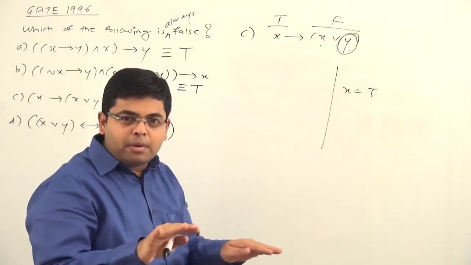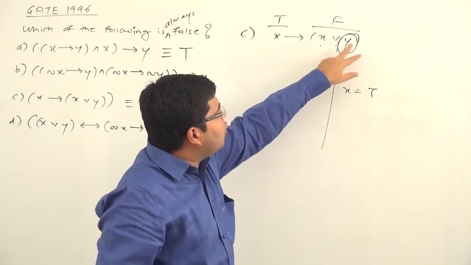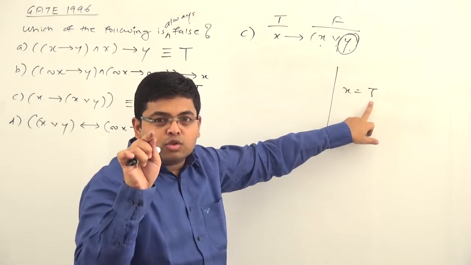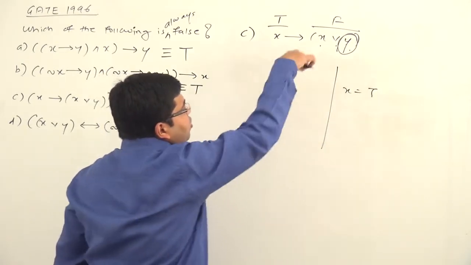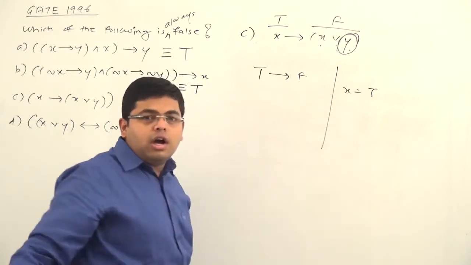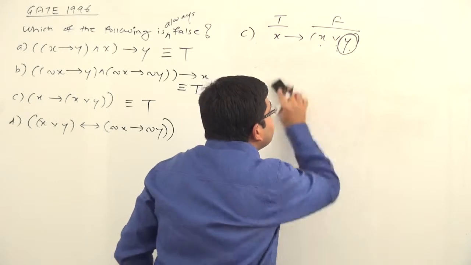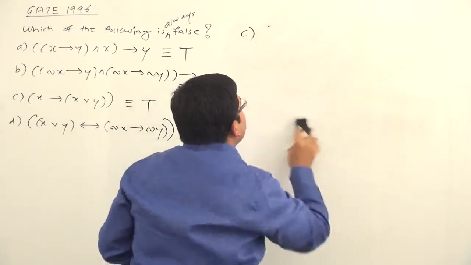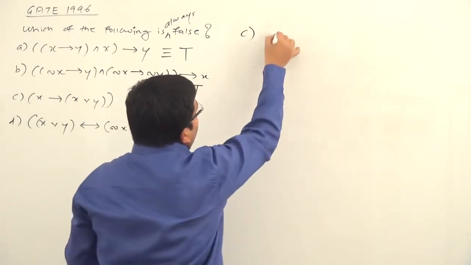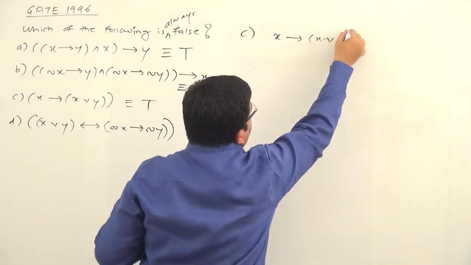True or anything, you need not be worried about the value of y. Y may be true, y may be false. Independently of the value of y, this x or y will become true if you keep x equal to true, and that is why this particular formula cannot be brought into the format true implies false. Or what I will say, you try to assign such values to x implies x or y.